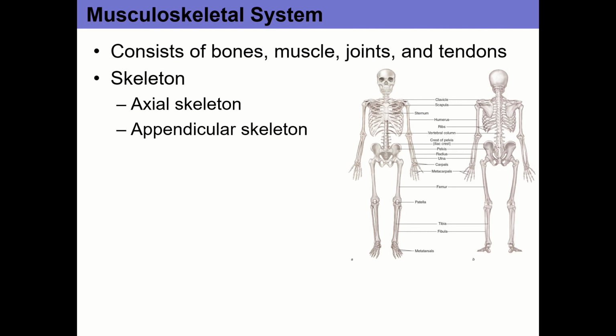So as far as the skeleton itself goes, the skeleton has two large components, the first being the axial skeleton. The axial skeleton consists of the skull, the spine, the ribs, and the sternum. You'll hear the spine referred to in several different ways. I myself will refer to the spine in several different ways.